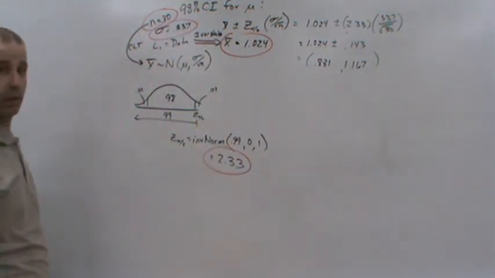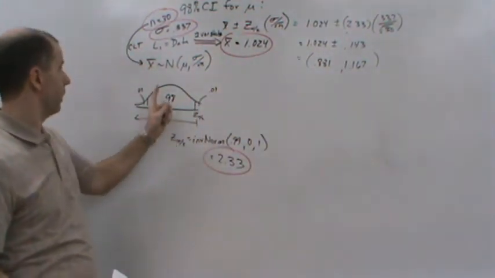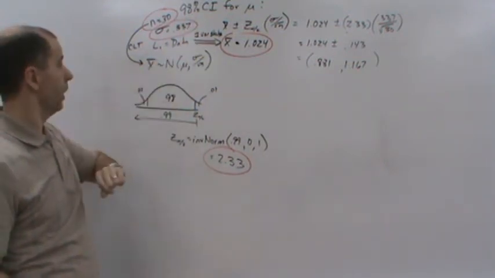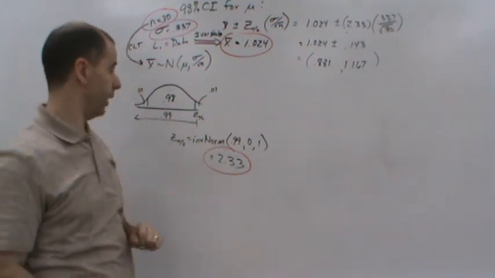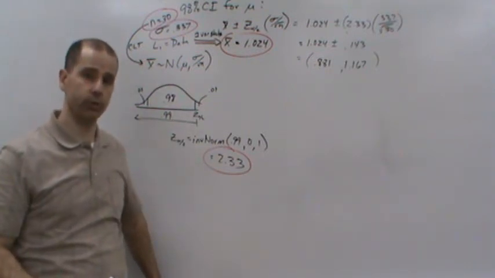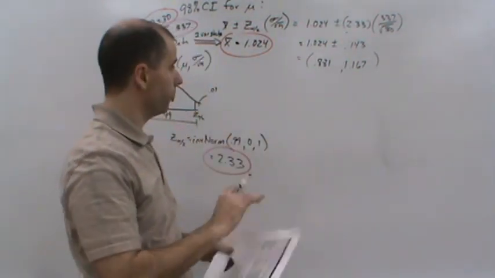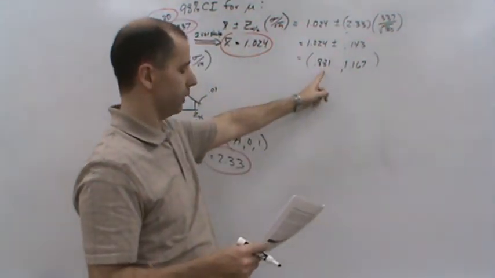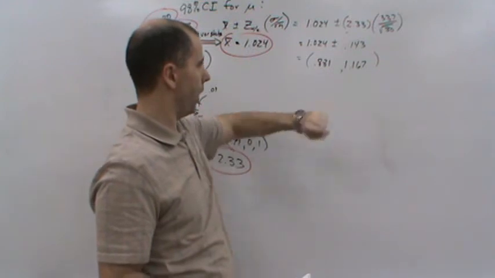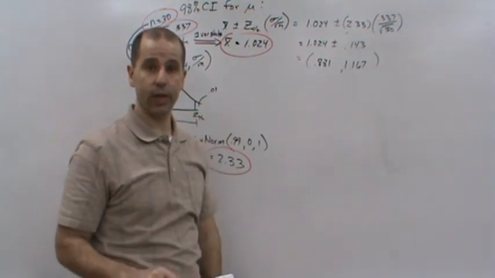And I'm done. So the interpretation, how do we interpret this? We can be 98% confident that the true average absorption rate for all models of cell phones will be somewhere between 0.881 watts per kilogram to 1.167 watts per kilogram.